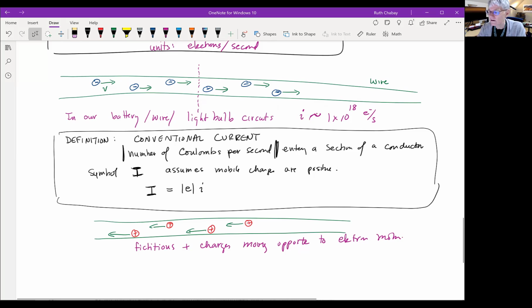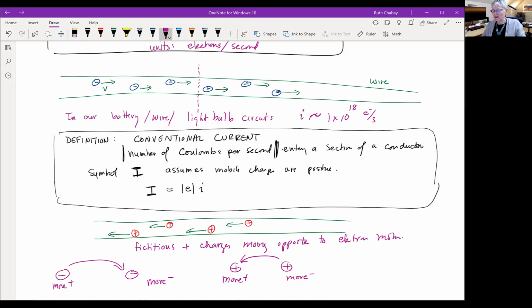Because if a negative charge moves from here to there, this place gets more negative and that place gets more positive. If a positive charge moves from here to there, this gets more positive and that gets more negative.